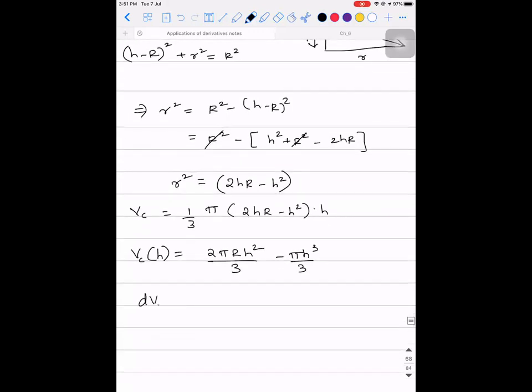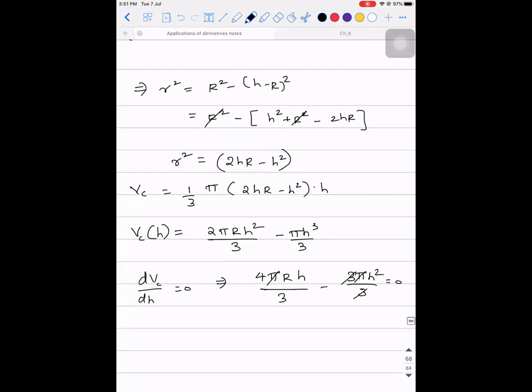So dVc by dH should be equal to 0, which implies 4 pi R H divided by 3 minus 3 pi H square divided by 3 should be equal to 0. So 3 and 3 will get cancelled. The bigger R is constant. Yes, they have given it.